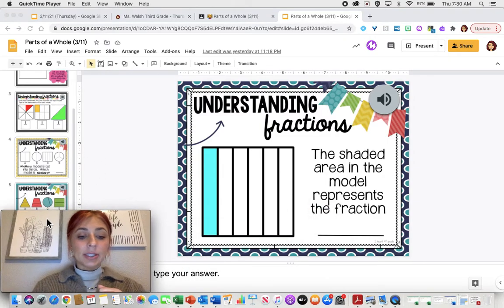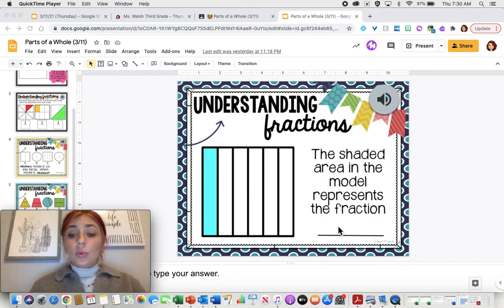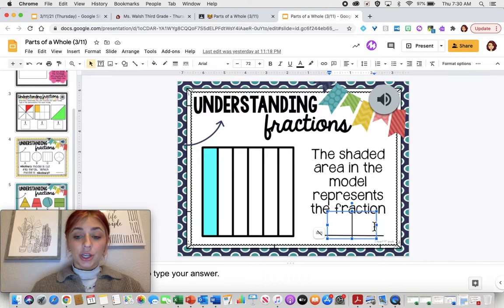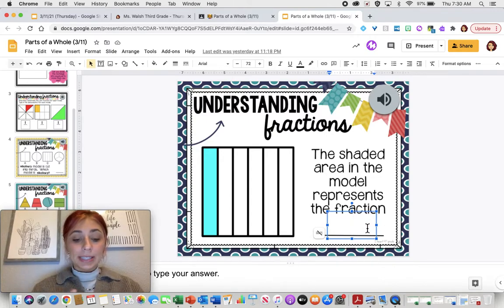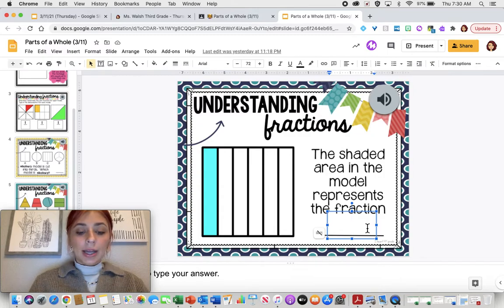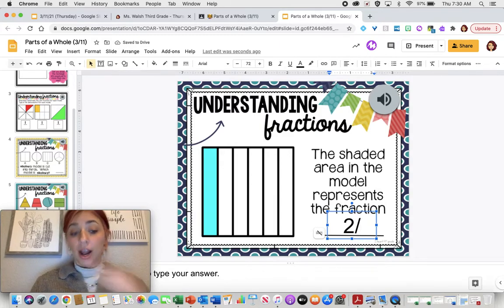When we come down to, I believe, slide number 6, yes, slide number 6, you're going to see that it asks you to tell us the fraction. In order for you to type the fraction, you are going to put the numerator, whatever it is, and then you're going to type a slash, and that's going to represent your fraction bar.